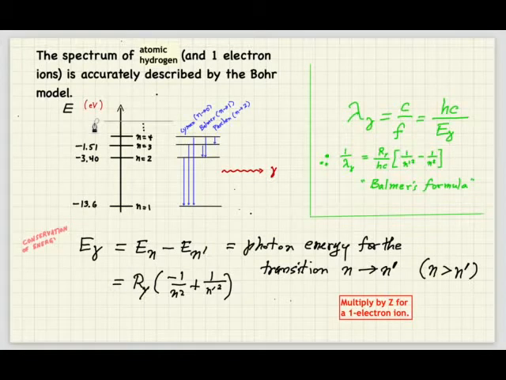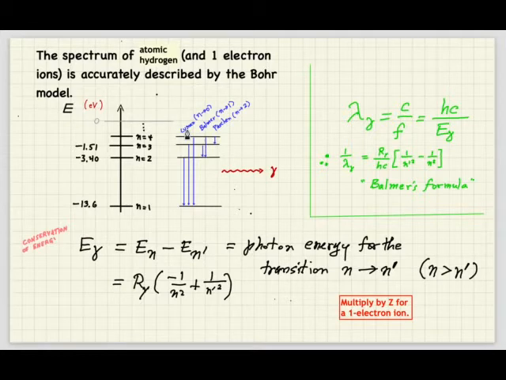As n increases, the energy level approaches zero from the negative side. So we have an energy level diagram here. We can draw a diagram showing the energy levels.